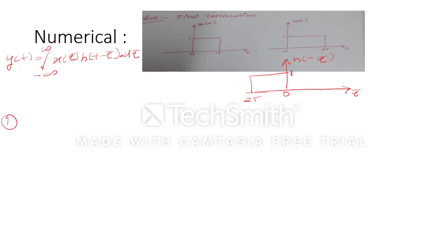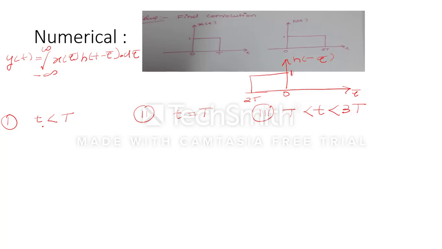First condition will be when small t is less than capital T. Second condition will be when small t is equal to capital T. And third condition will be when small t is greater than capital T but less than 3T. Why 3T? Because 2T and T, the full total length will be 3T. After 3T there will be no overlapping area.